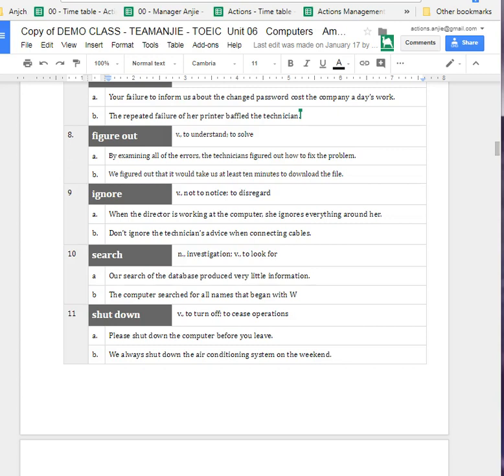Do you have any questions for figure out? For example, you have a math exam, and you have a formula to solve for your math exam.